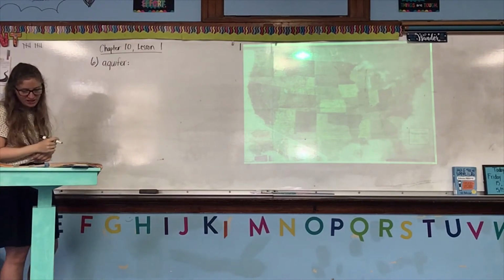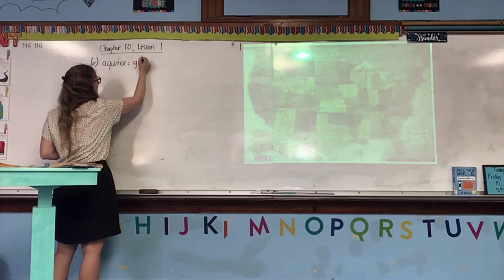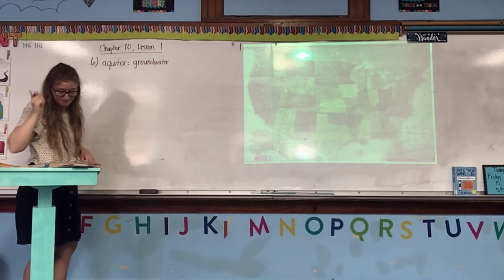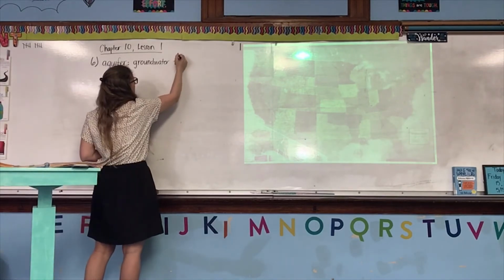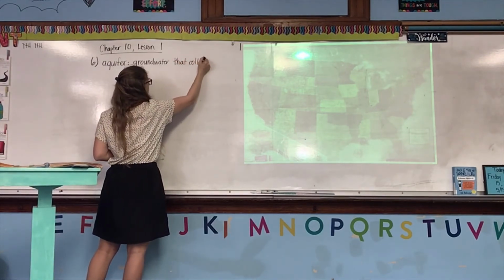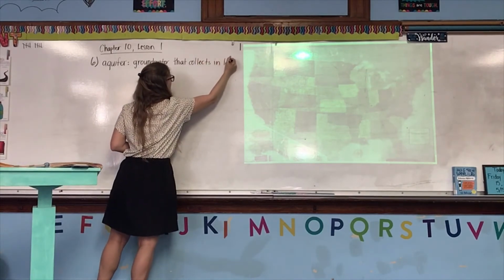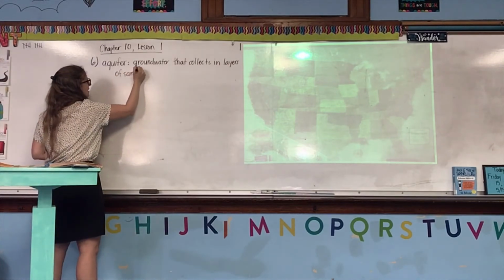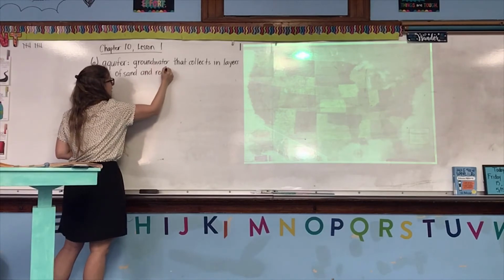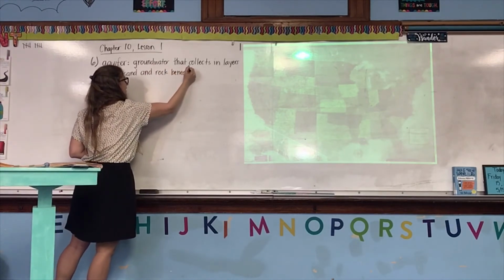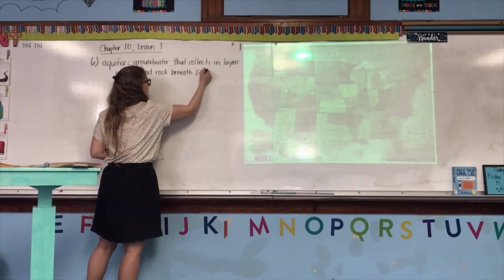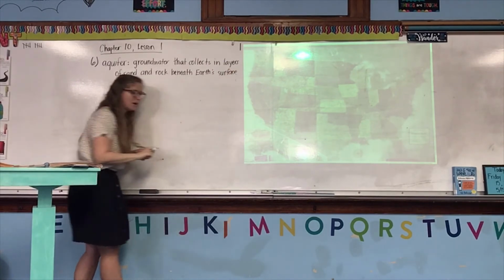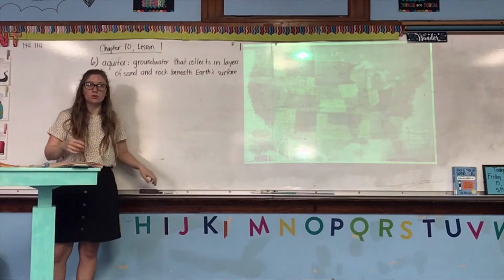An aquifer is groundwater that collects in layers of sand and rock beneath Earth's surface. We actually live above an aquifer too, and that's why our water is so good, people say.